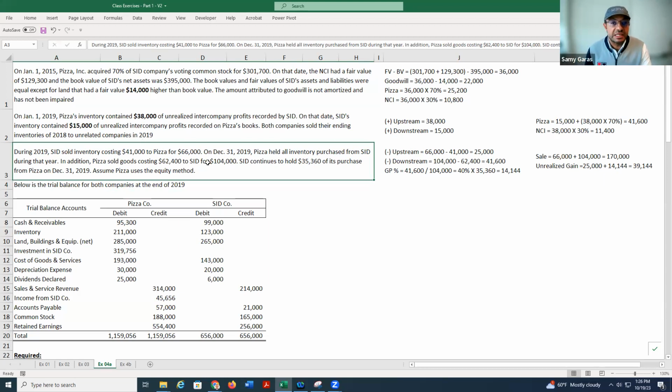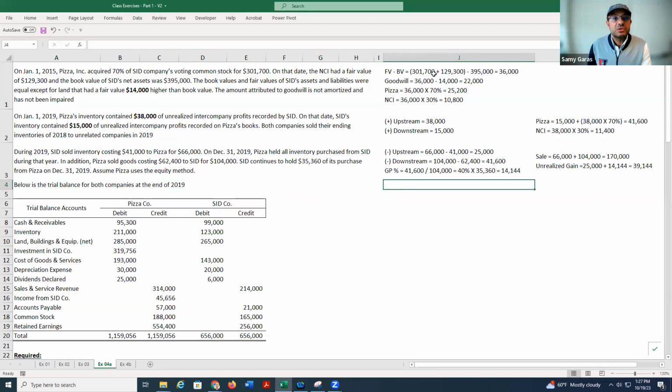And here we get the other balance, which is the remaining of the upstream sale, we give it to the subsidiary company. And I will explain this in the coming slide. But before we leave this point, we need to take the total amount of sales, 66 plus 104, and add them together to get the total amount of sales that will go into the closing entry later on.